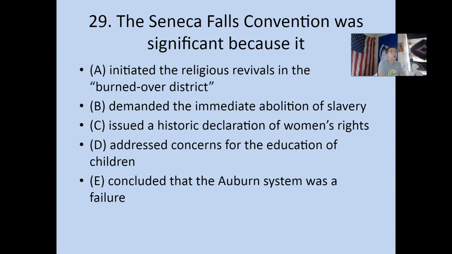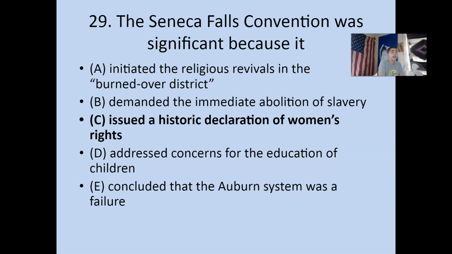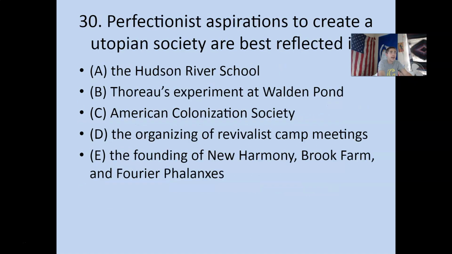E. Concluded that the Auburn system was a failure. Issued a historic declaration of women's rights. Pre-COVID, we analyzed this document with the Declaration of Independence, and I'm sure you'll do the same thing in your regular APUSH class. Number 30.